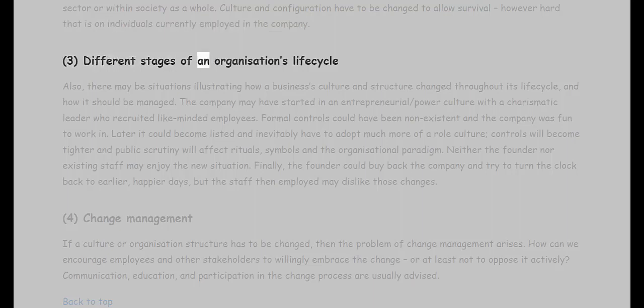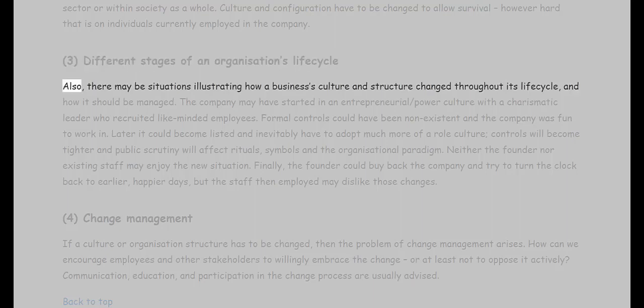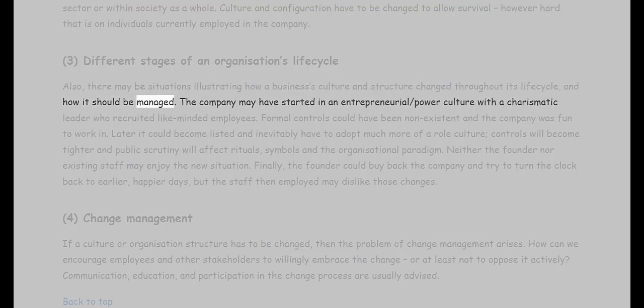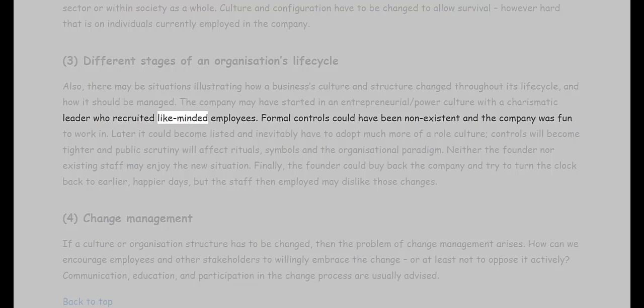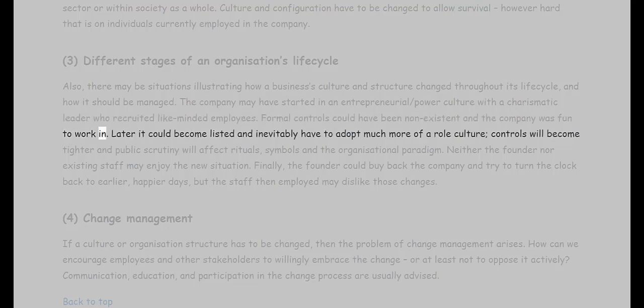3. Different stages of an organization's life cycle. Also, there may be situations illustrating how a business's culture and structure change throughout its life cycle, and how it should be managed. The company may have started in an entrepreneurial power culture with a charismatic leader who recruited like-minded employees. Formal controls could have been non-existent and the company was fun to work in.